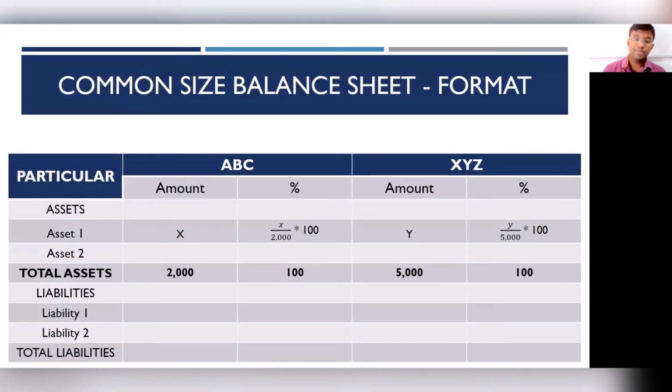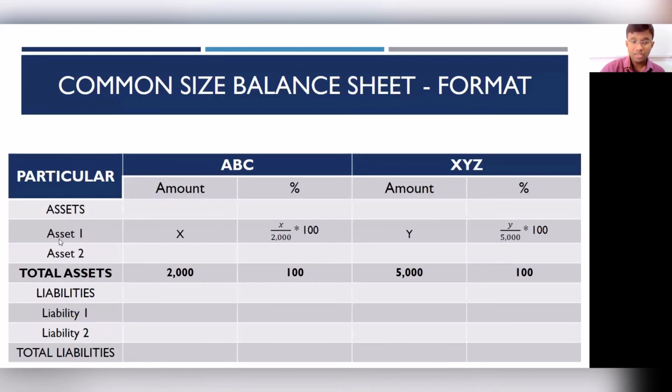The common size balance sheet is usually used for comparing two different companies of two different sizes. Each of the assets or each of the liabilities is expressed as a percentage of the total asset or total liability. For example, here we have the assets for company ABC and company XYZ.